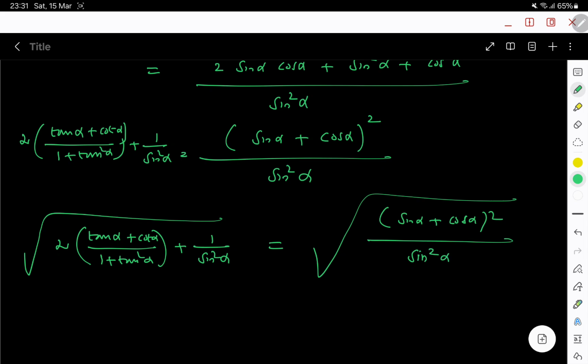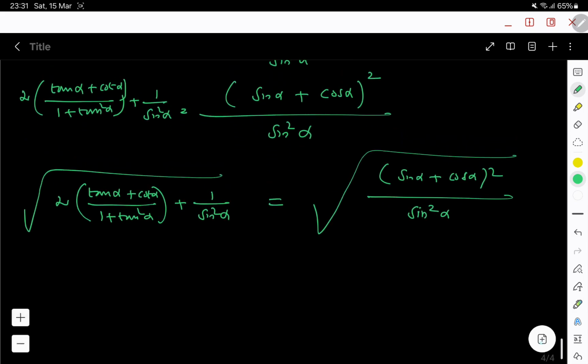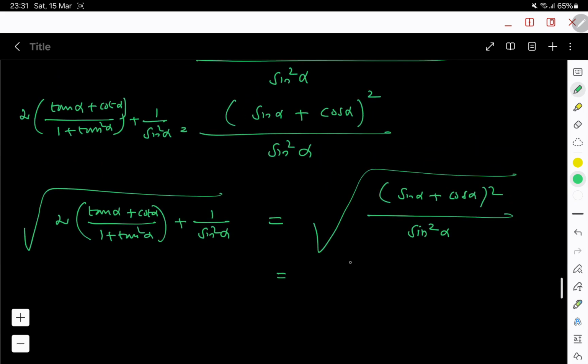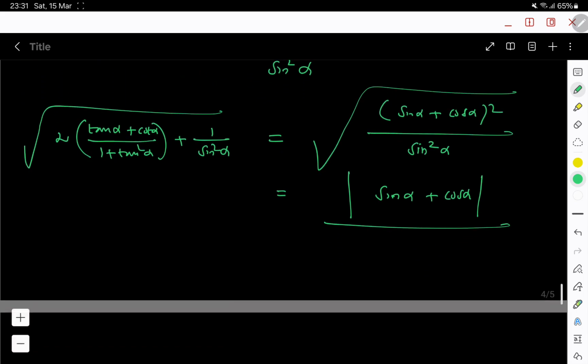Under root of sin alpha plus cos alpha whole square is the modulus, so mod of sin alpha plus cos alpha. Similarly, under root of sin square alpha is mod of sin alpha.